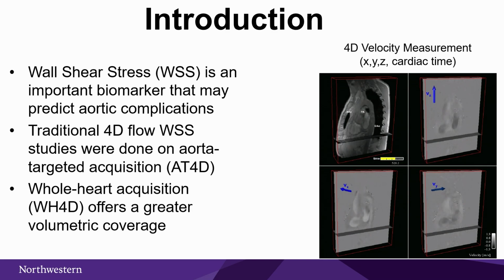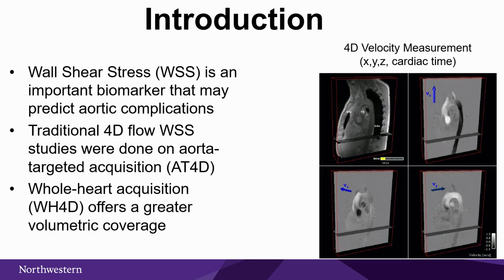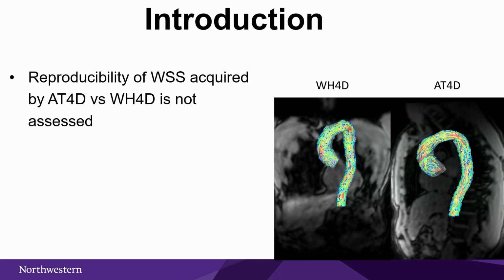And the newer protocols like whole heart acquisitions offer coronal acquisition that allows comprehensive assessment of the entire cardiac chambers and the neighboring vessels. However, the reproducibility of wall shear stress across the 2 protocols has not been assessed, and this is the aim of this study.